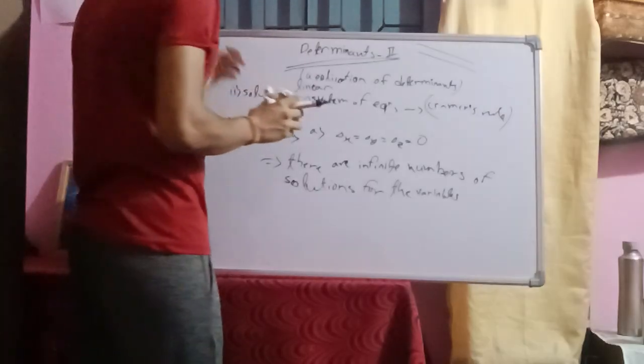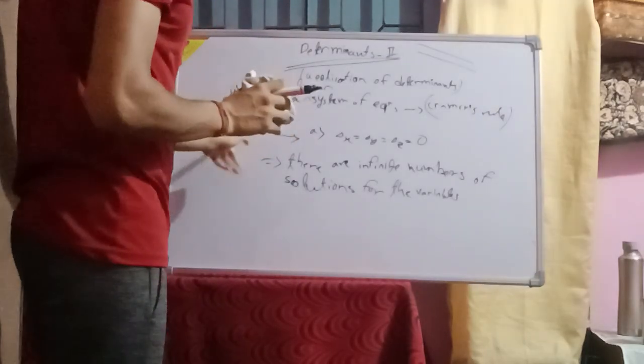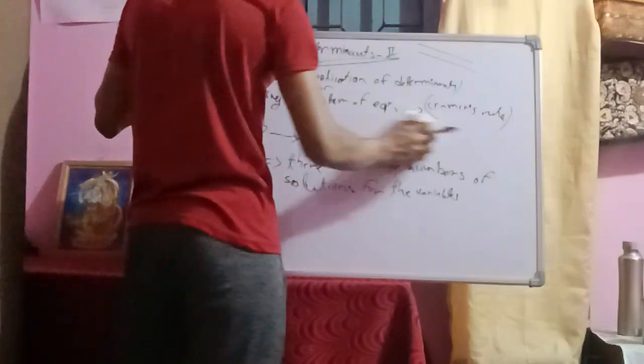Now talking about the third scenario, which is the second sub-scenario of the second one, delta equals 0.